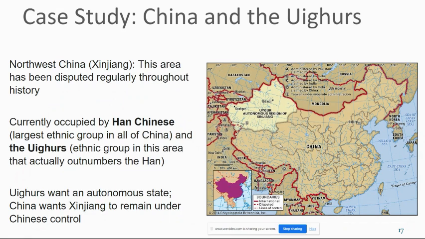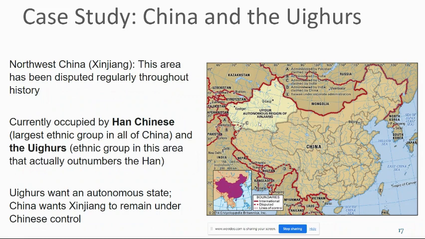There have been terrorist attacks by the Uyghur population against Chinese people due to the fact that, once again, they don't feel like they have a voice. And then the biggest human rights violation that is a concern right now is that the Chinese have started setting up what we call re-education camps. Many Uyghur people are being forced into them. Some people see them as essentially concentration camps.